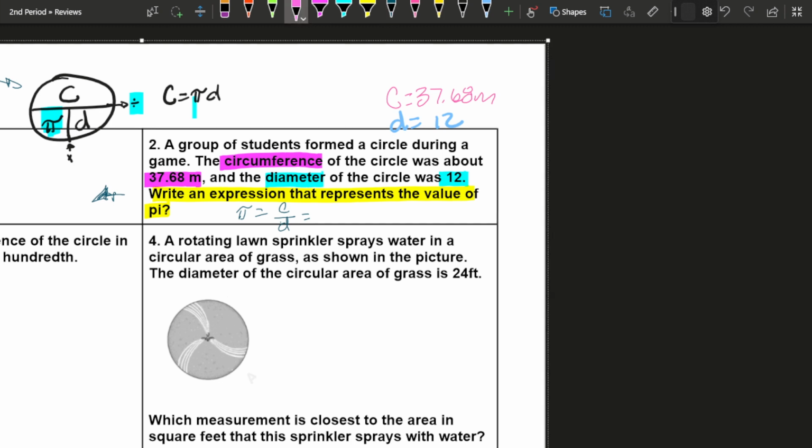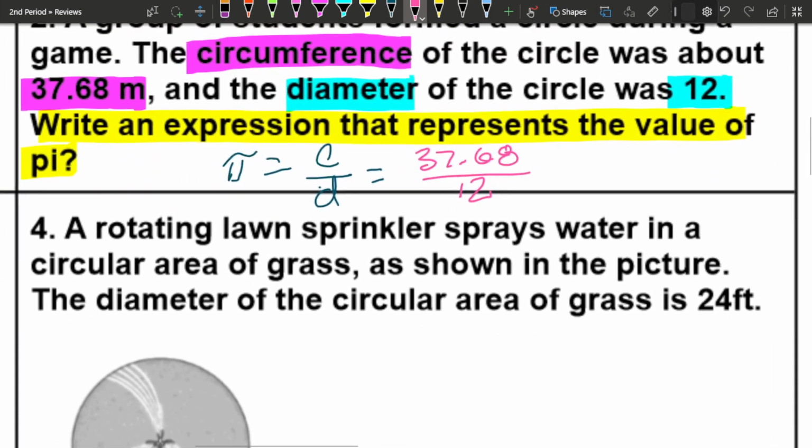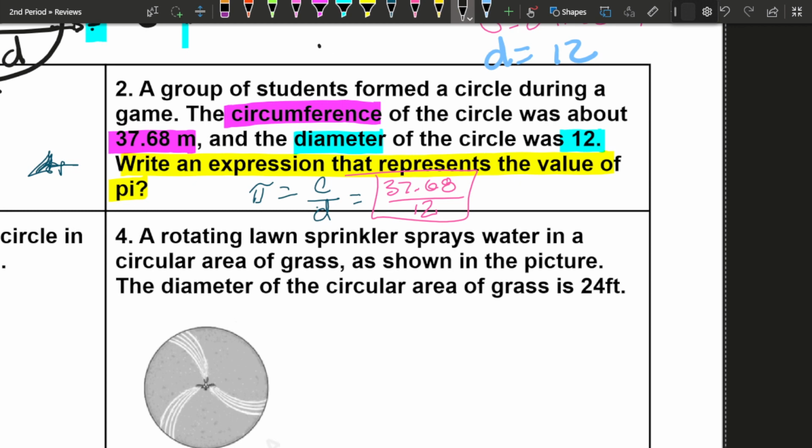So this is just going to be pi equals 37.68 divided by the diameter, which is 12. It says write an expression, and it's right here. I don't need to solve it. If I was to solve this, I should get 3.14, because we know that the value of pi is always 3.14.